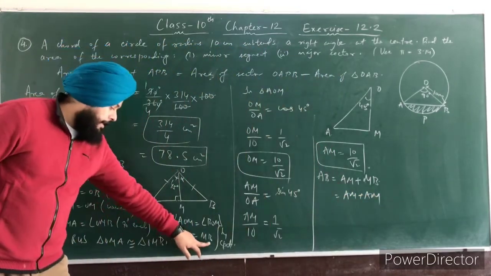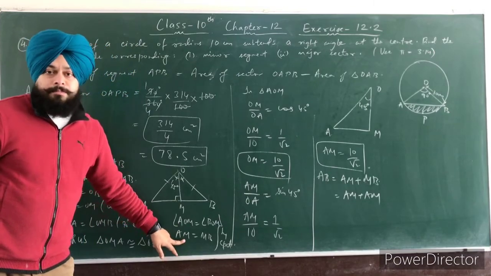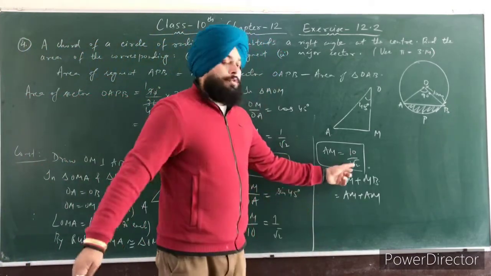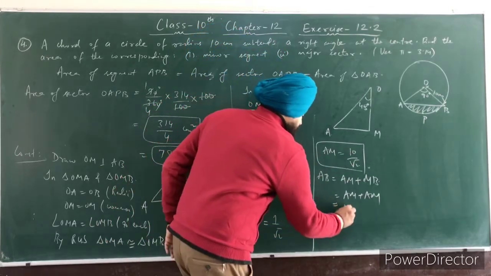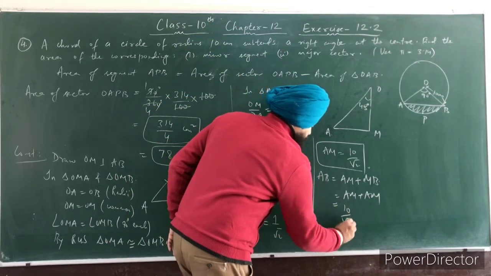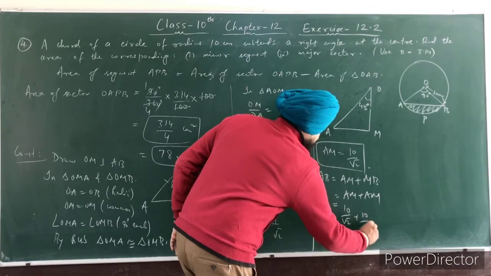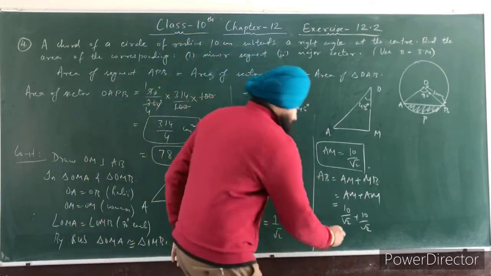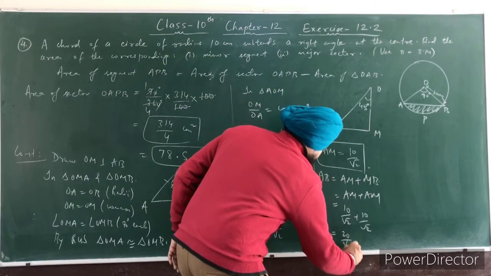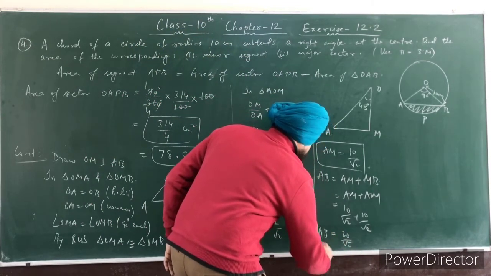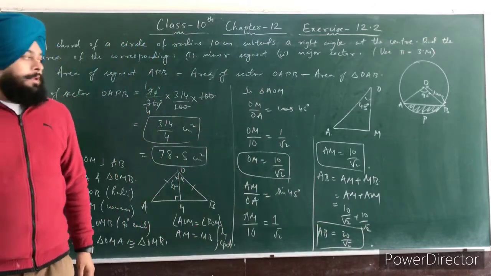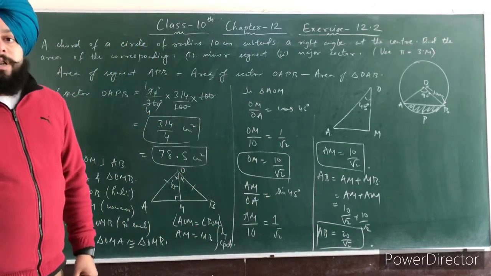The value of AM is 10 over root 2, so 10 over root 2 plus 10 over root 2 is 20 over root 2. AB is 20 over root 2.